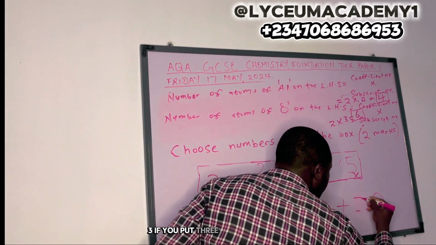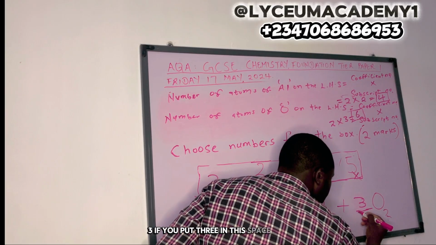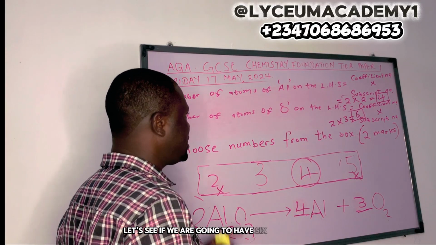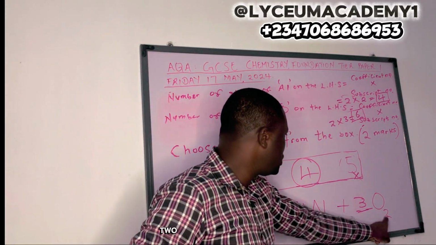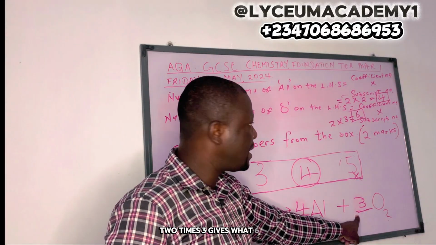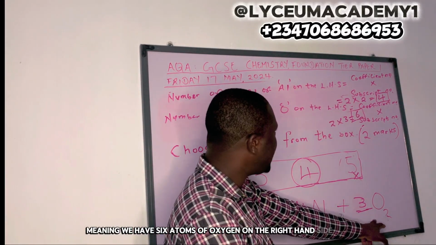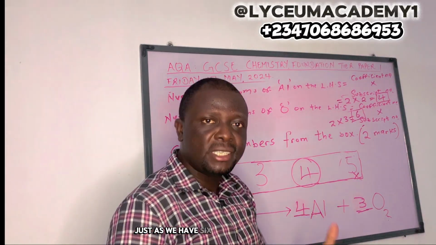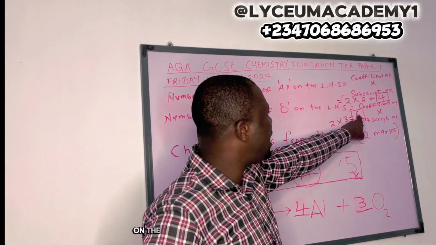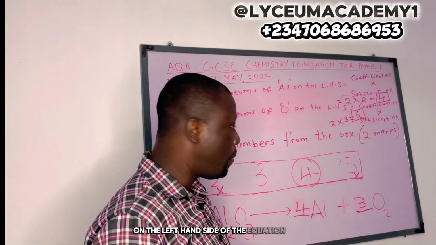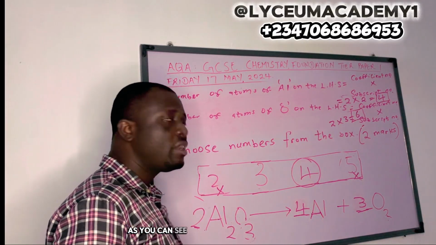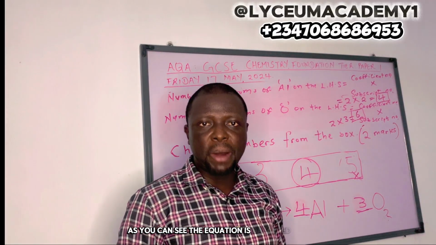If we put 3 in this space, let's see if we are going to have 6 atoms. 2 times 3 gives what? 6. Meaning we have 6 atoms of oxygen on the right-hand side, just as we have 6 atoms of oxygen on the left-hand side of the equation. As you can see, the equation is balanced.